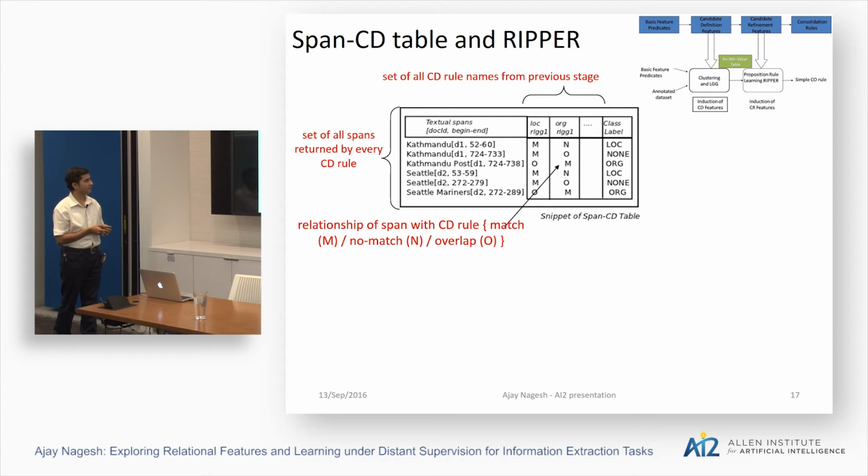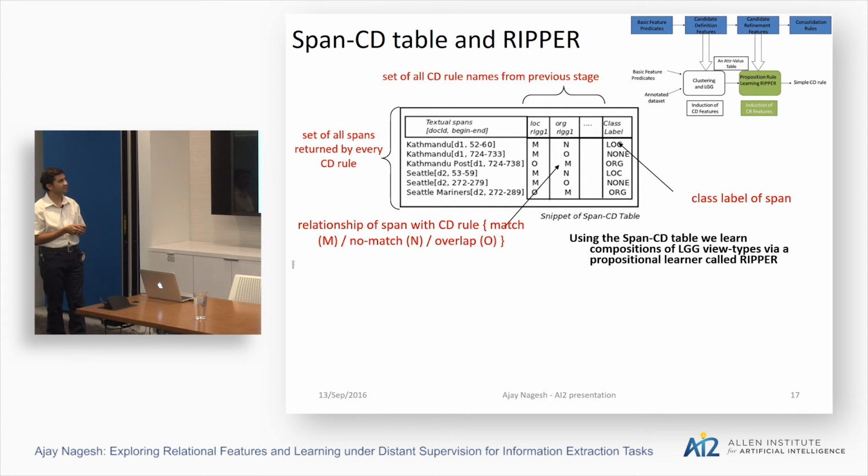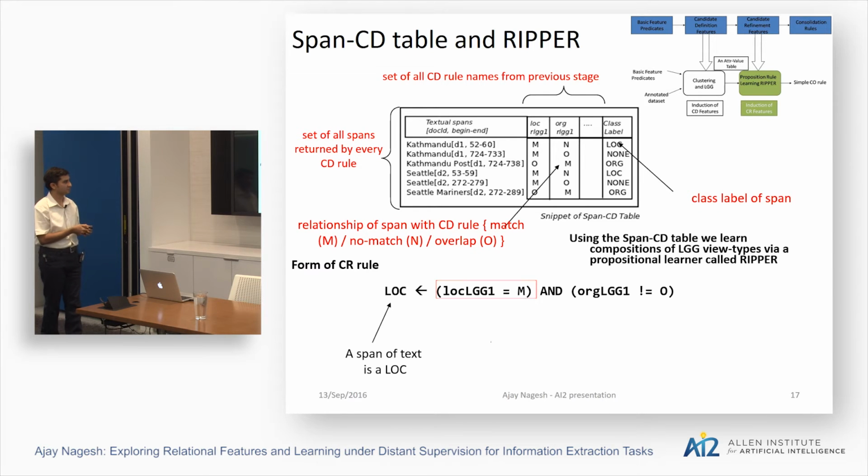The cells say whether a rule generated a span, generated an overlapping span, or did not generate that span. We also have the class labels, and this is used in a propositional rule learner. We specifically used Ripper in Weka to learn the kind of rules that I showed you before.